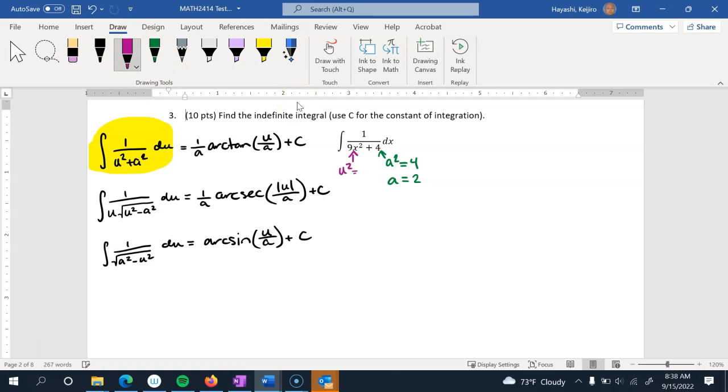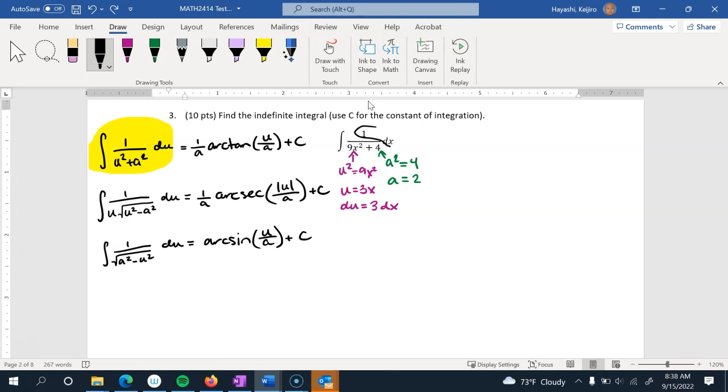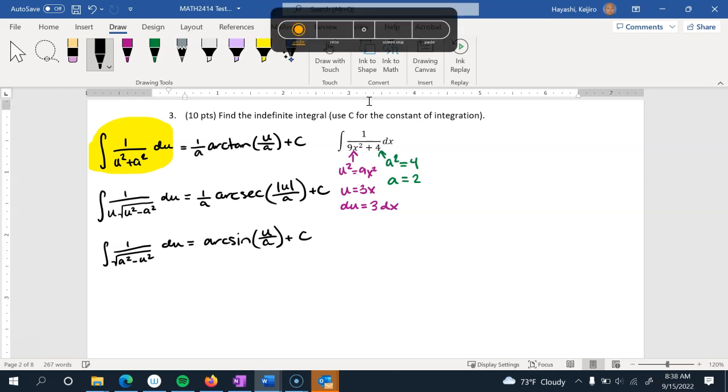If u squared is 9x squared, that means u is 3x. And that also means that du is 3 dx. So if you look at this, you don't have the 3 dx that you need for your du. You only have 1 dx.